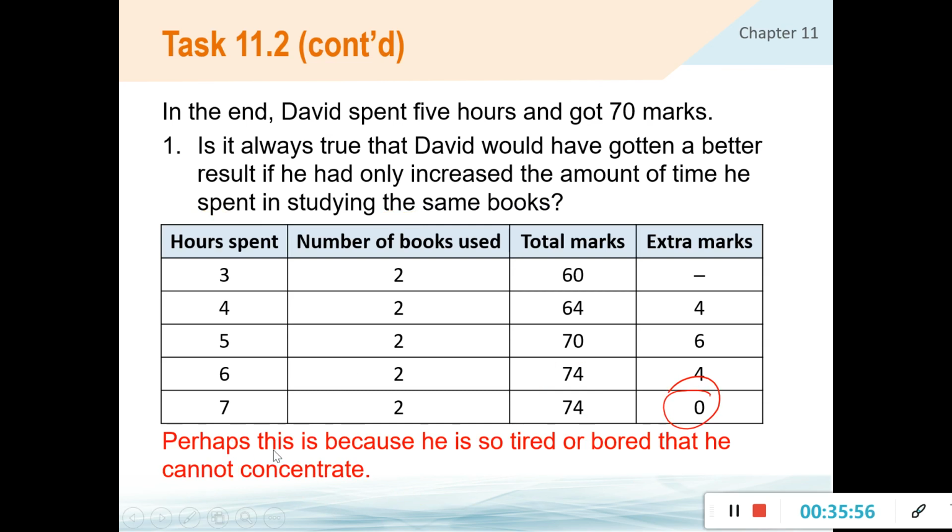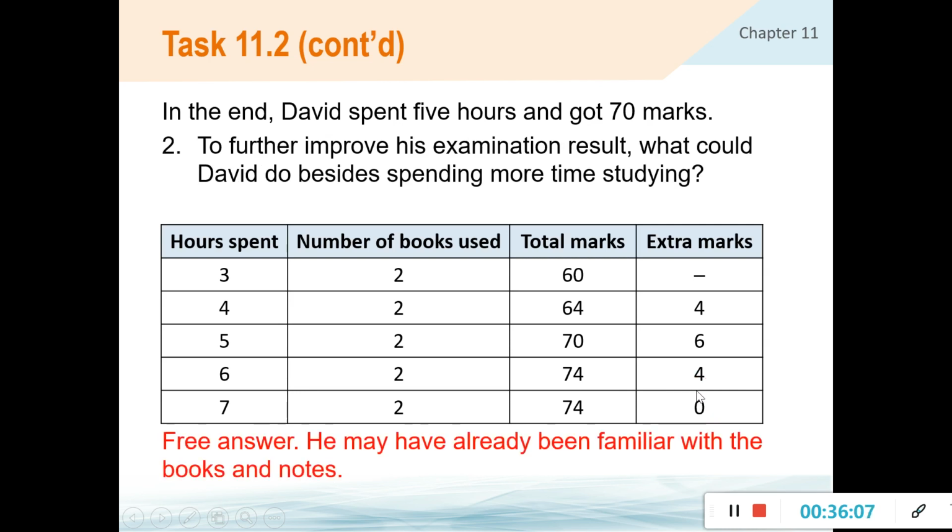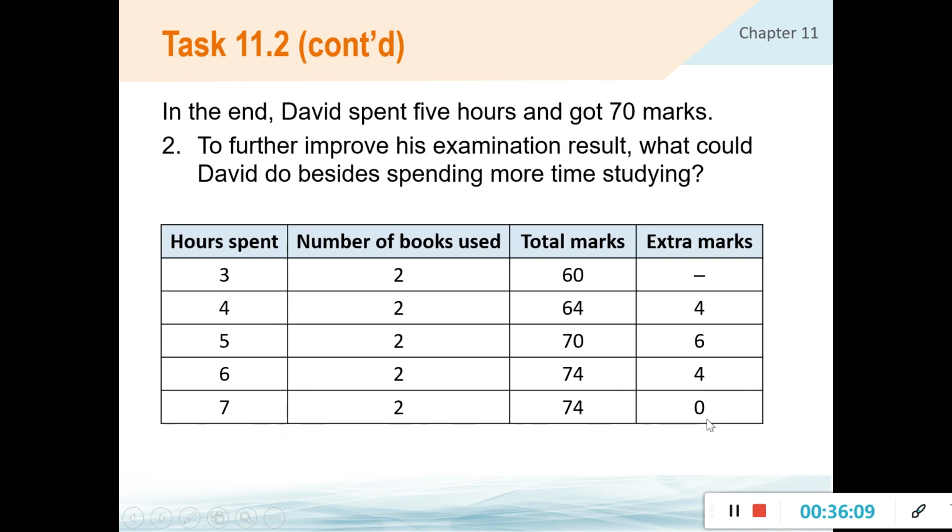好啦，呢度啦，咁有啲咩原因呢？Perhaps this is because he's so tired or bored that he cannot concentrate。可能你用得太多時間，令到佢 concentrate 唔到啦。OK，呢個都有機會會發生嘅，甚至有機會會變到負數都得嘅。for example 呢度 8 hours，可能呢個係-3咁樣咯。OK，the marginal product can be negative number。如果係咁，when the marginal product is negative number, the total marks will decrease.